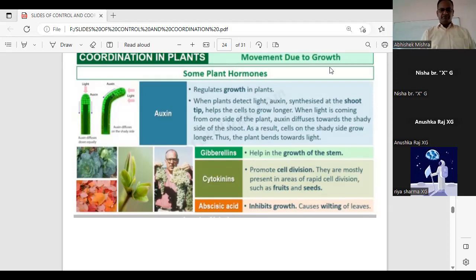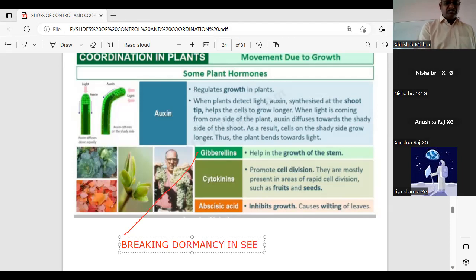Gibberellin helps in breaking dormancy in seeds and buds.